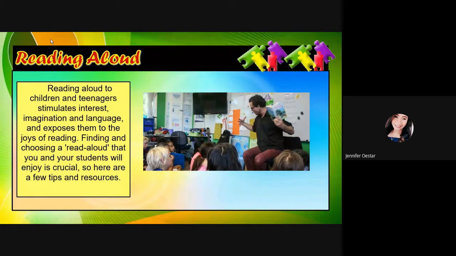Finding and choosing a read aloud that you and your students will enjoy is crucial. So here are a few tips and resources. So we have here different forms of reading materials or types. So have you read aloud to your children or to your siblings? Have you experienced reading aloud? So what do you mean by reading aloud?